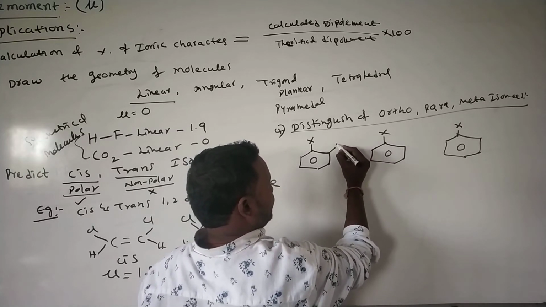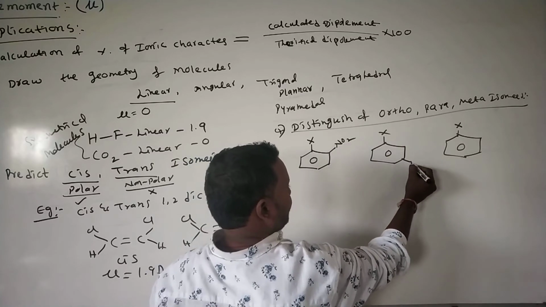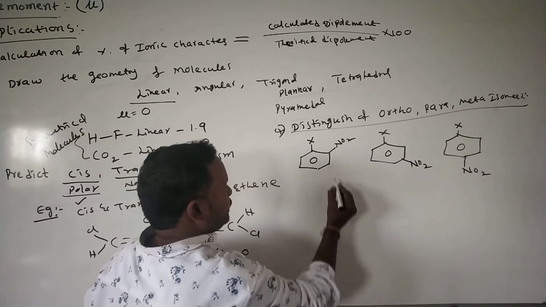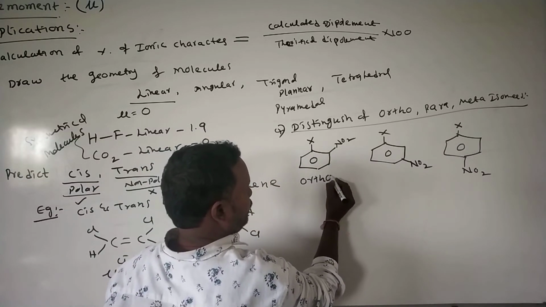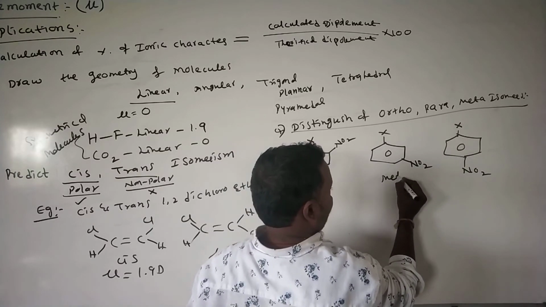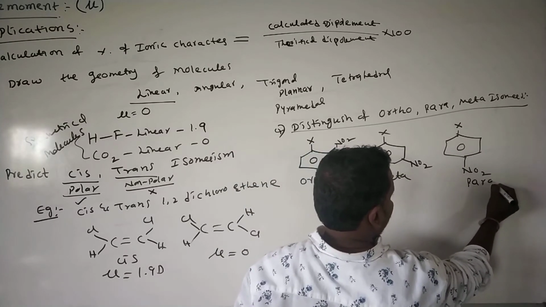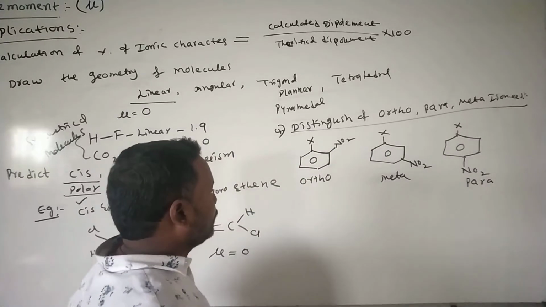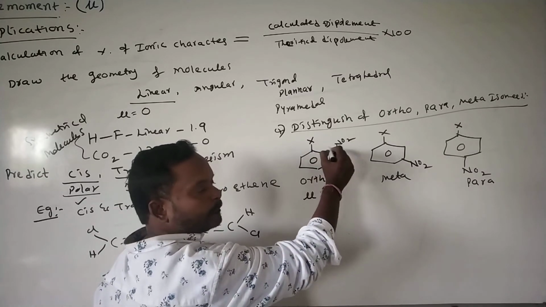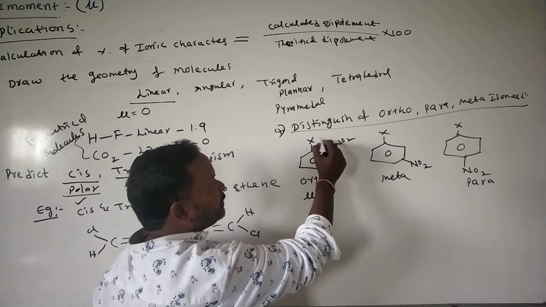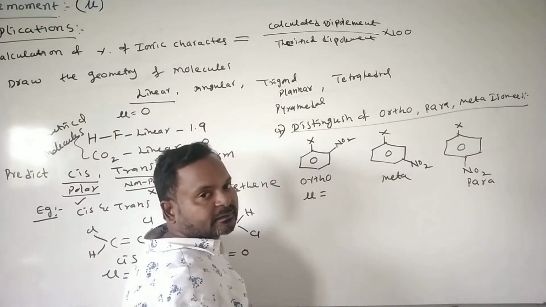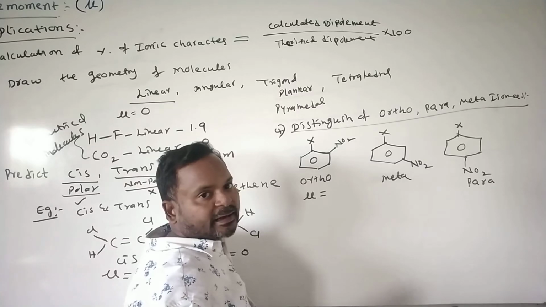Here for example, an NO2 electrophile is there, here NO2, here NO2. This is ortho, this is meta, and this we call para. For ortho, the two atoms are near to each other, so the distance is less, polarity is more.